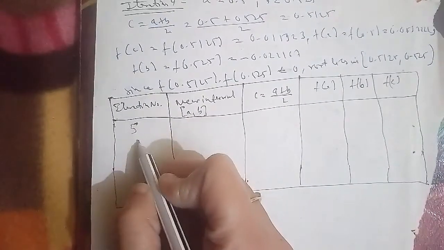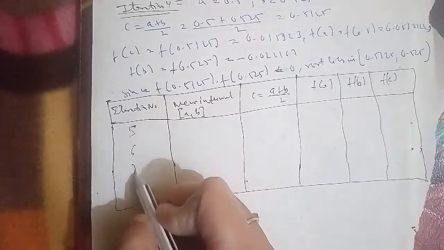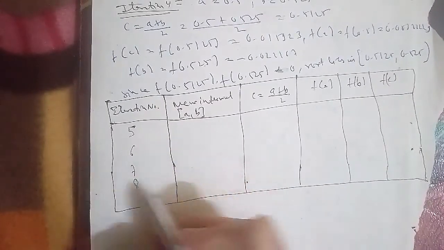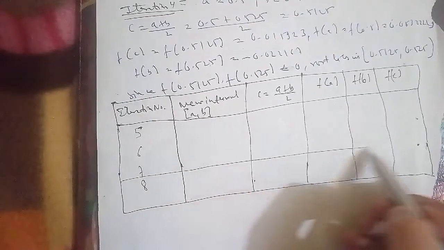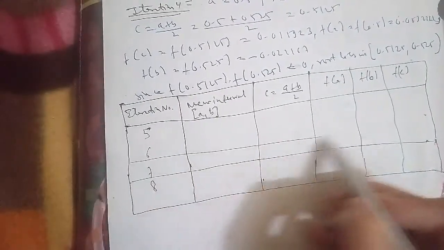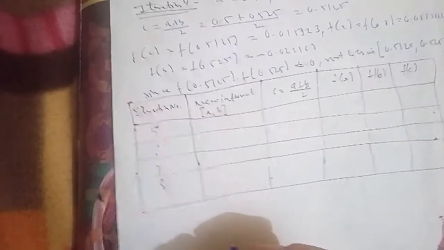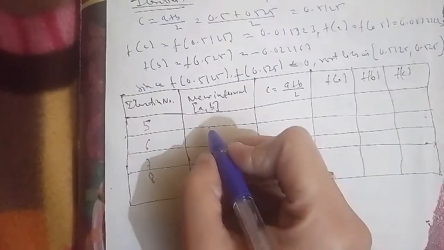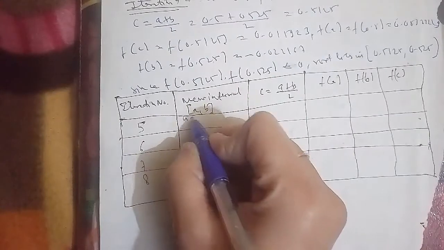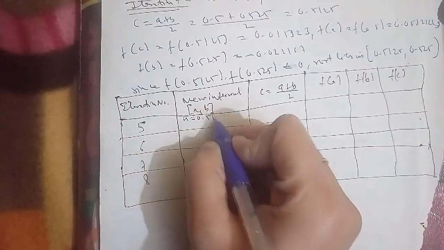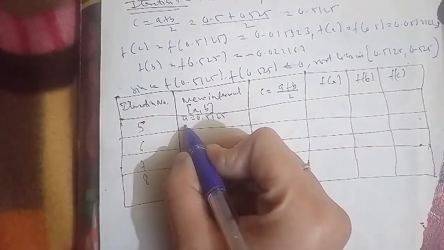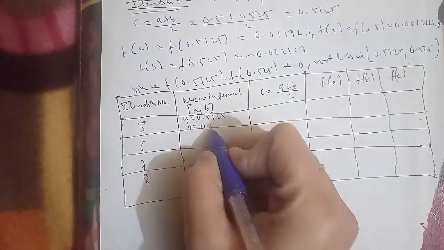Five, 6, 7, 8. So for the same, a equals to 0.5125 and b equals to 0.525.